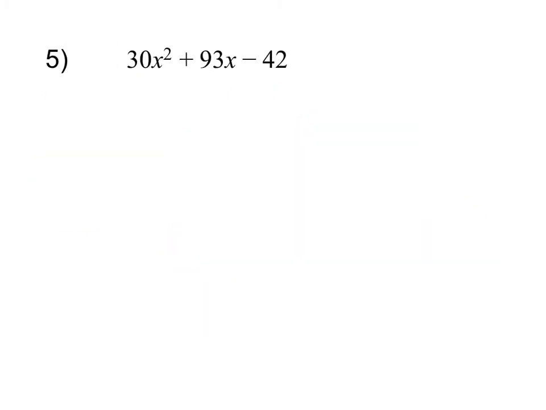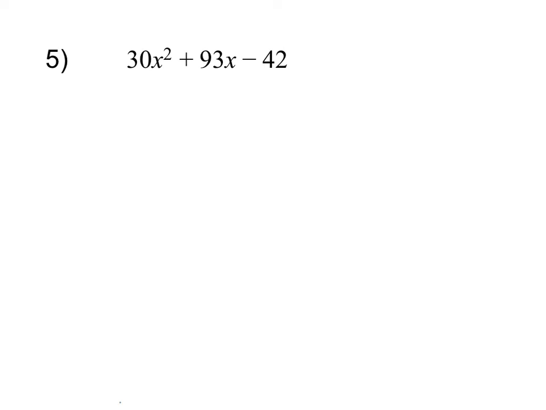For number 5, I have 30x squared plus 93x minus 42. So don't forget, whenever we look at these problems, we always want to check first to see if we can factor out a greatest common factor first, and then you can finish factoring the trinomial. So first thing I'm going to do is take a look at this and see if there is a greatest common factor that we can take out.